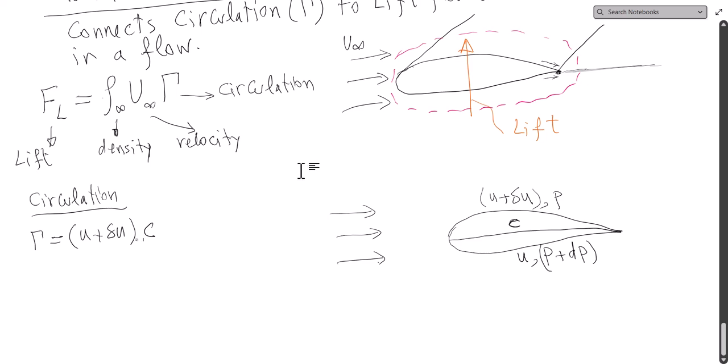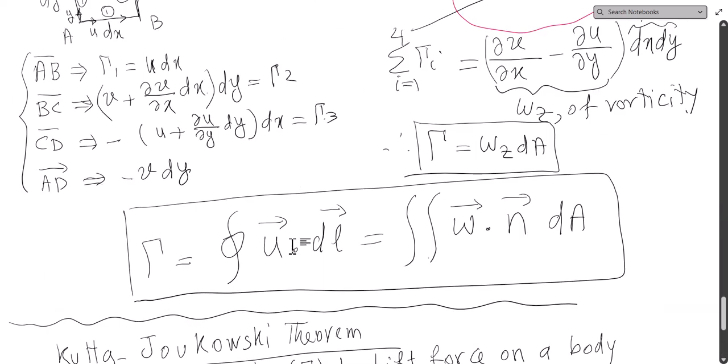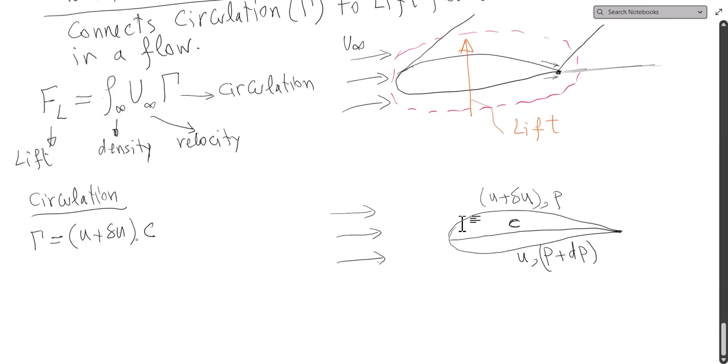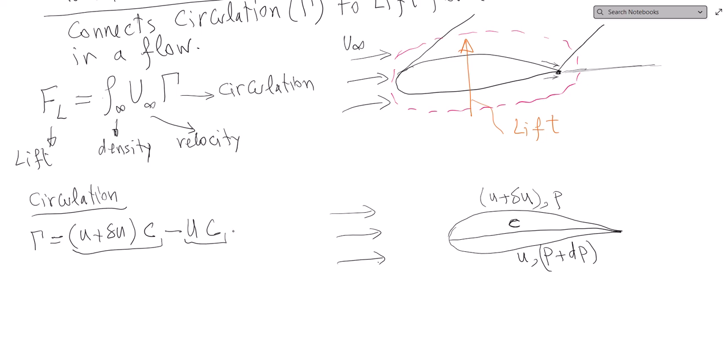Remember, the circulation was the velocity tangent to the path that we have, and this is our path here, minus, because we have a closed path here, minus uc at the bottom. So this is at the top, this is at the bottom, and we consider c as an average between these two, so we don't need to consider the detail of the length for each path. So we consider c, which is the median of these two. So this becomes c delta u.